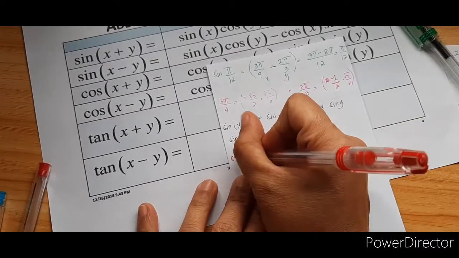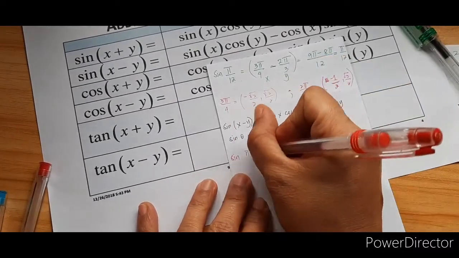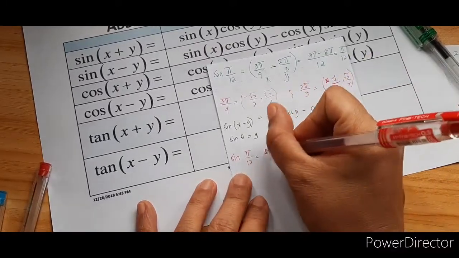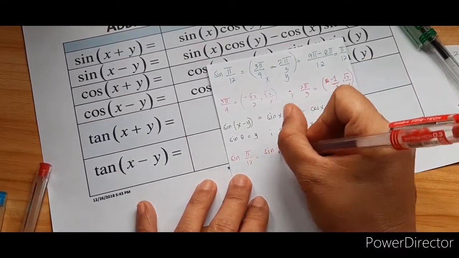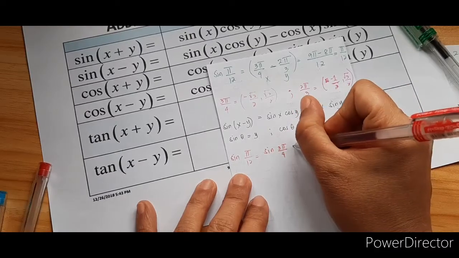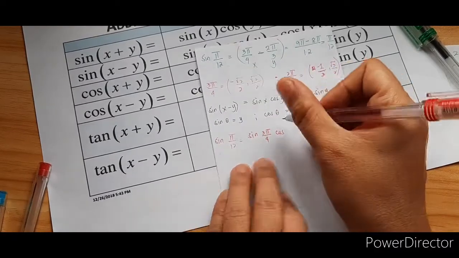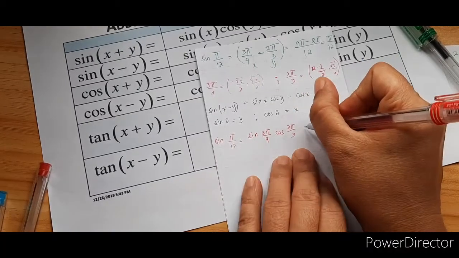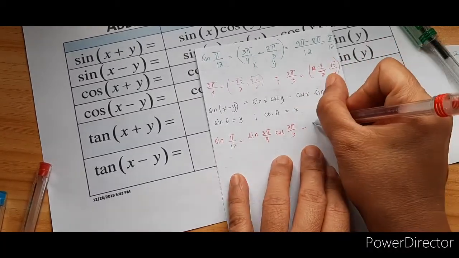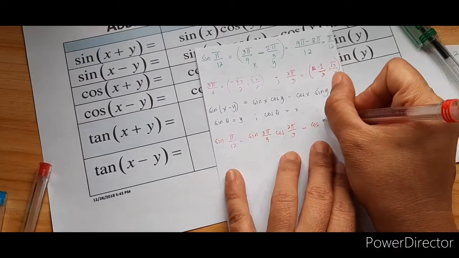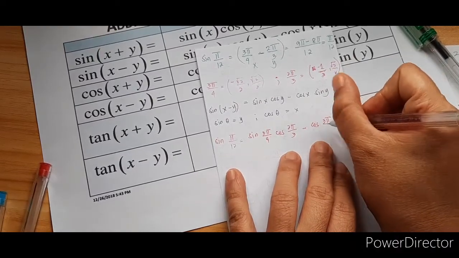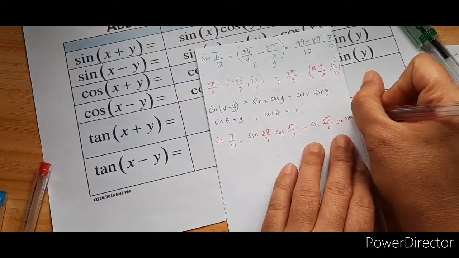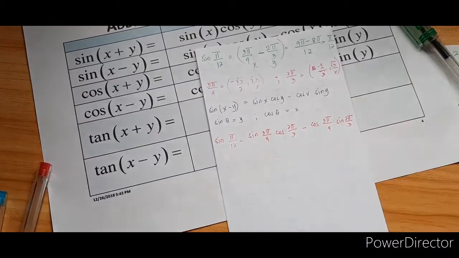So we have sine pi over 12 is equal to sine 3 pi over 4 cosine 2 pi over 3 minus cosine 3 pi over 4 and sine 2 pi over 3.